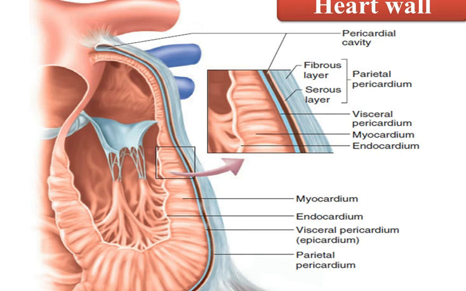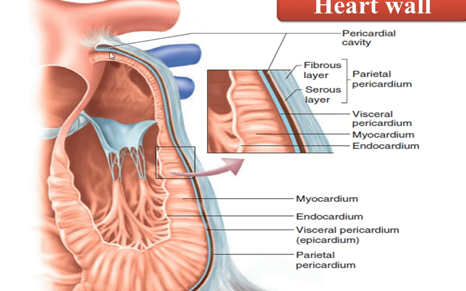These layers are similar in all chambers of the wall, in the atrium as well as in the ventricle, but here in the atrium it is thin, while in the ventricle it is thick, because the ventricle pumps blood, so it needs strong muscle to pump the blood to the body organs.